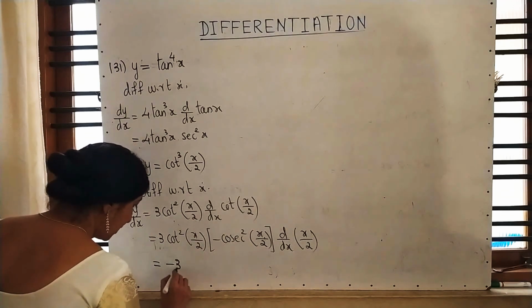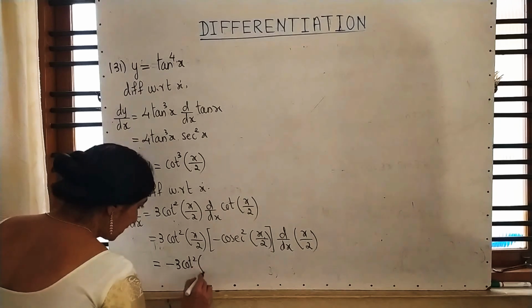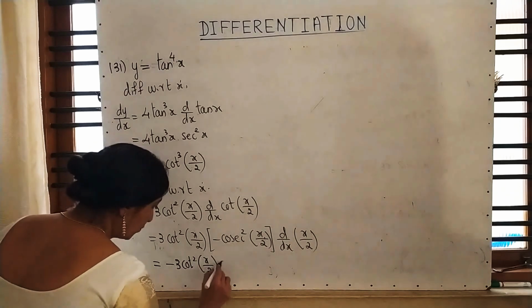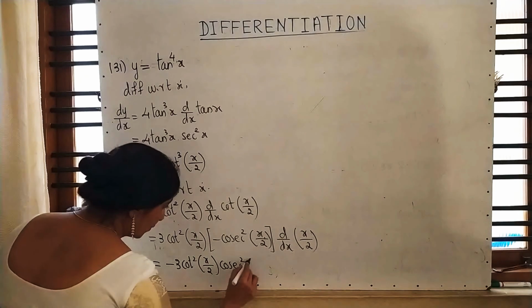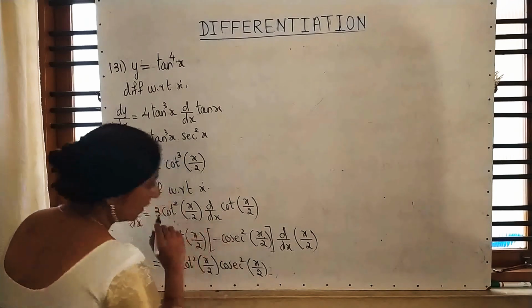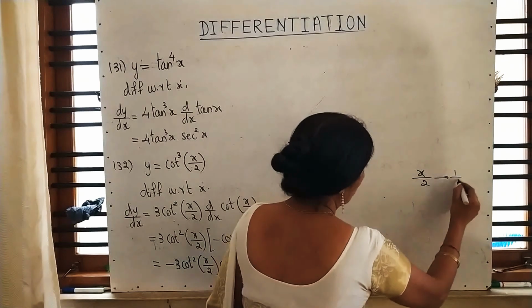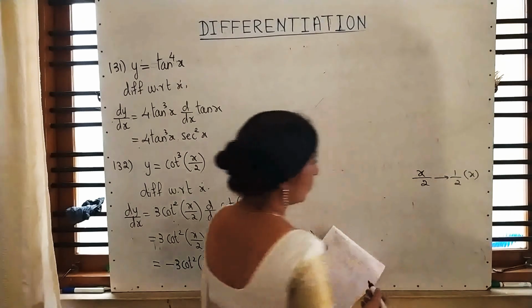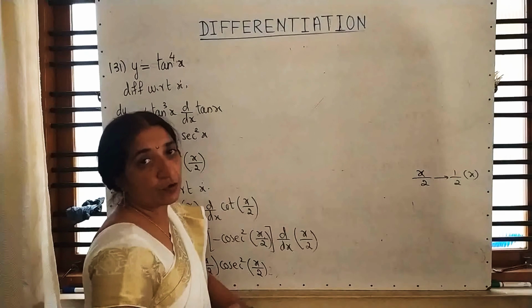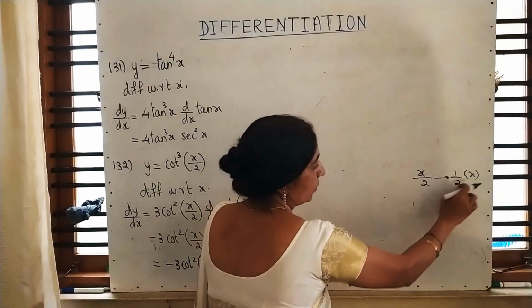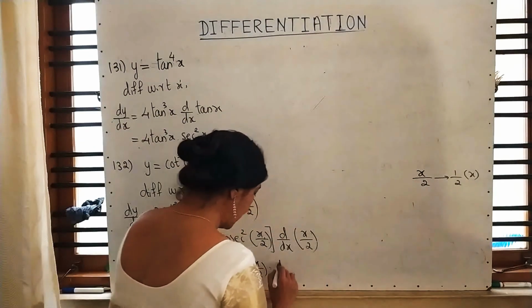It is minus 3 cot square x by 2 cosecant square x by 2, and here x by 2 is nothing but 1 by 2 into x. How do you differentiate? 1 by 2 is the constant, differentiation of x will be 1.